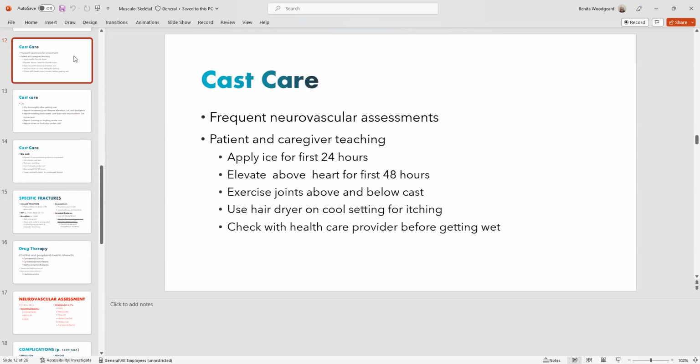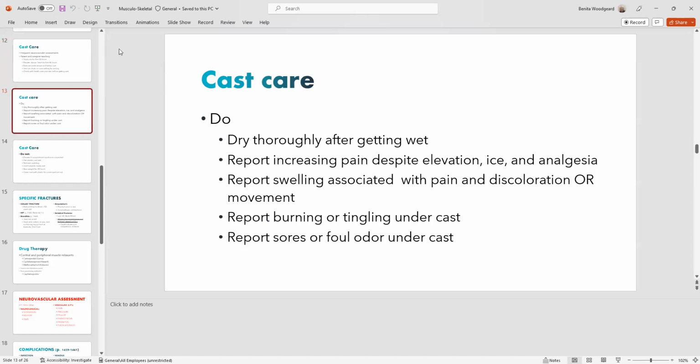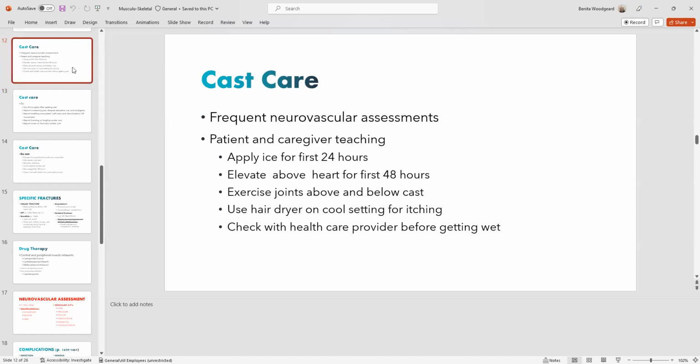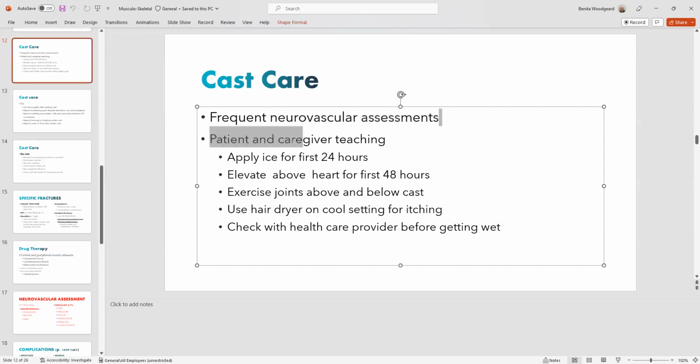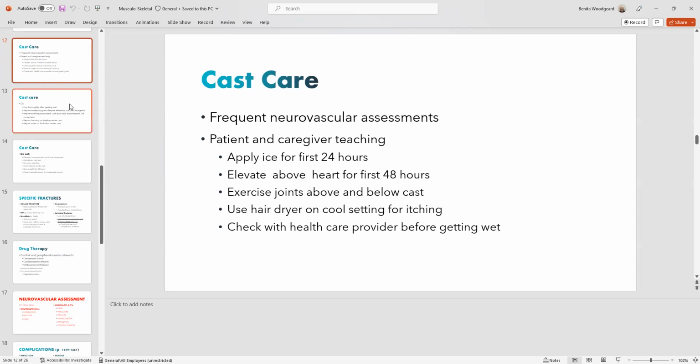Oh, here's some cast care stuff for you. I'll let you read that yourself. Oh, these are what you remember. Most ortho questions, I always go for this neurovascular assessment stuff first, because most of them are about that. And I think I have a slide on that specifically coming up.